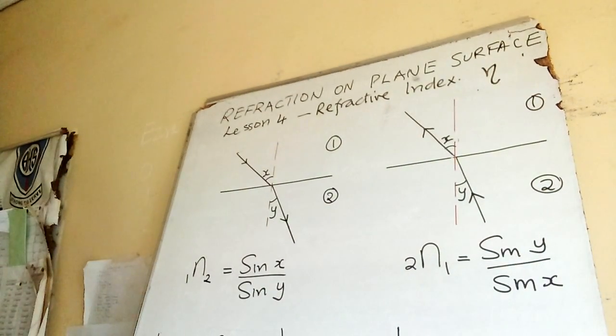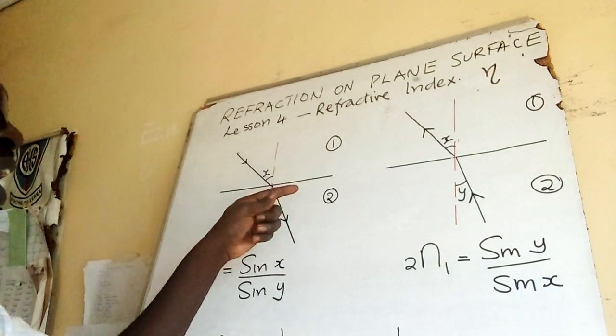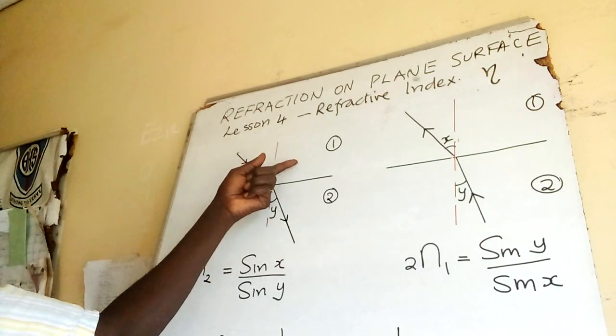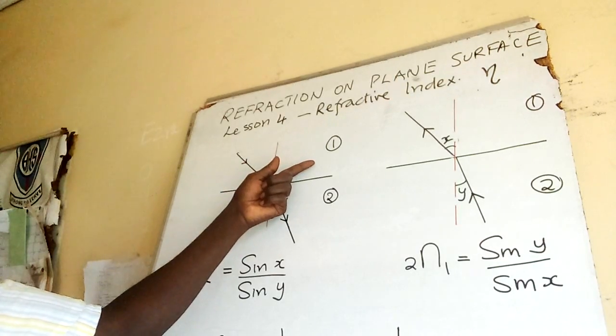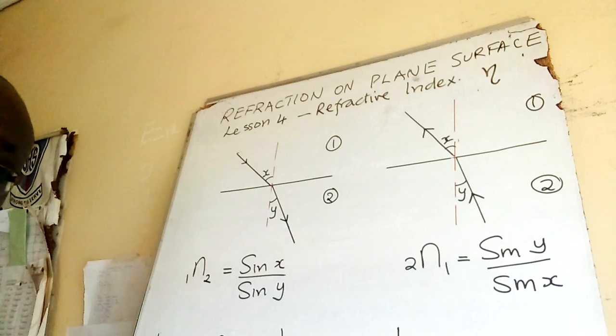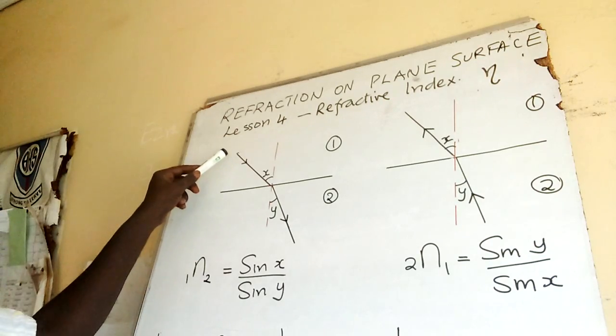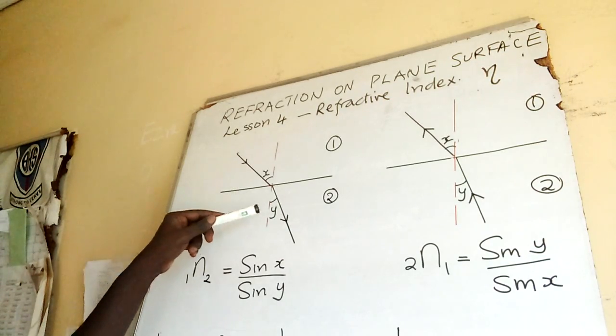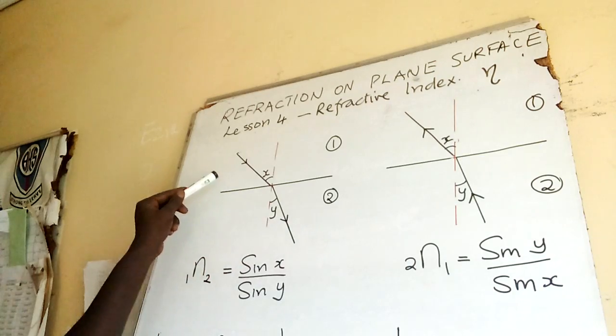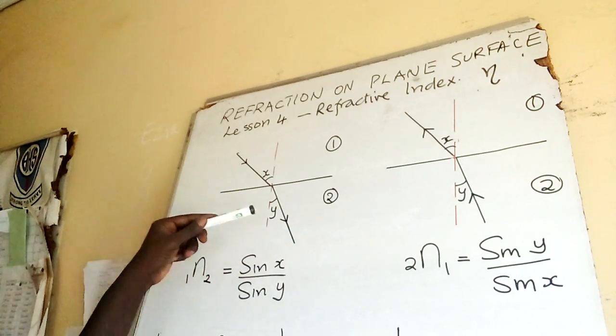So I have a diagram here showing us two media, 1 and 2. Those are two different media. A ray is traveling from medium 1 towards medium 2. You can see the arrows.